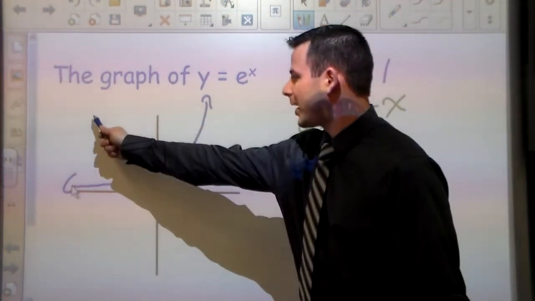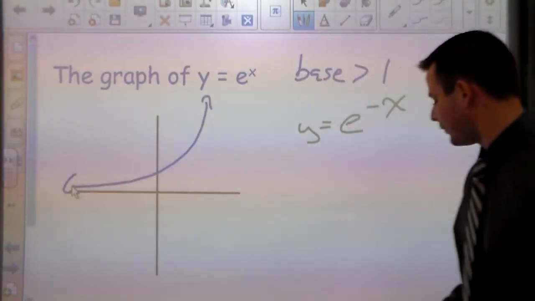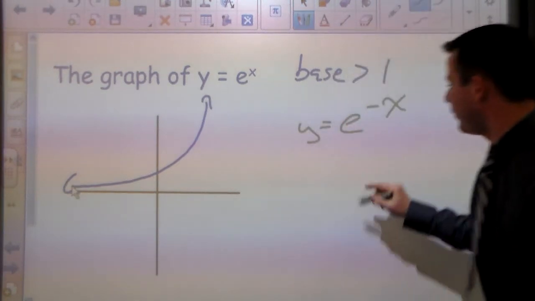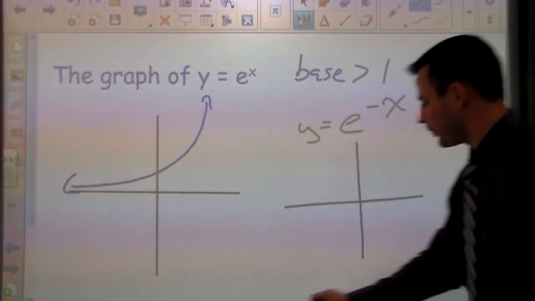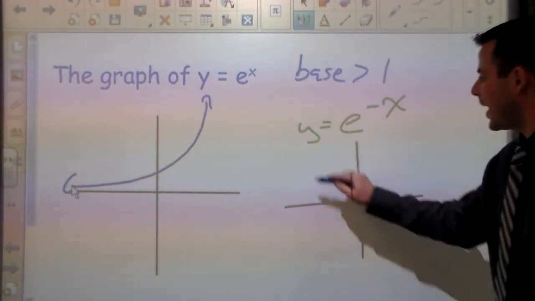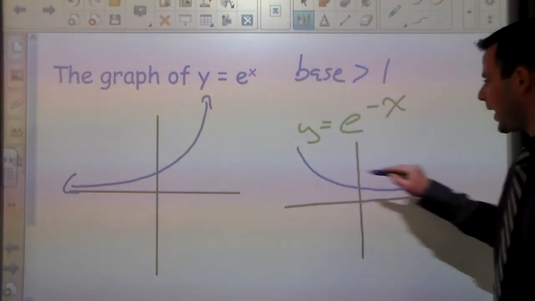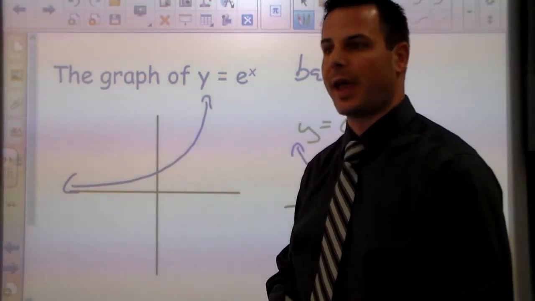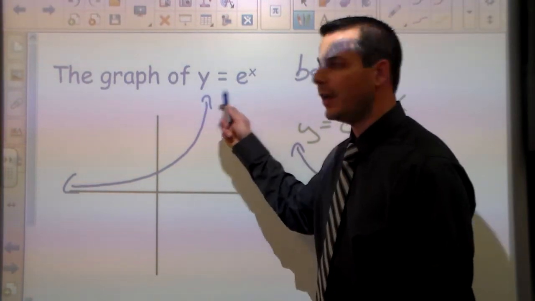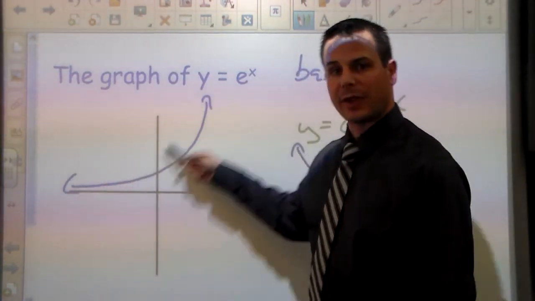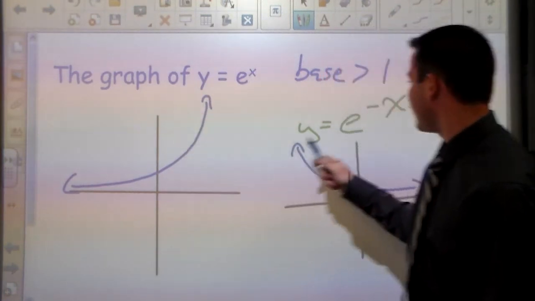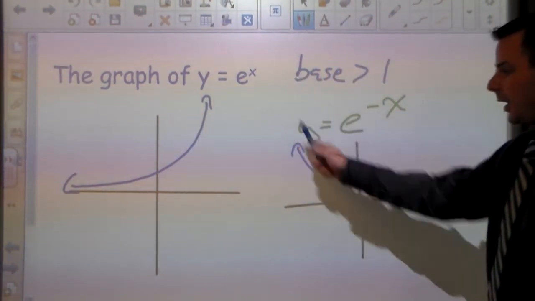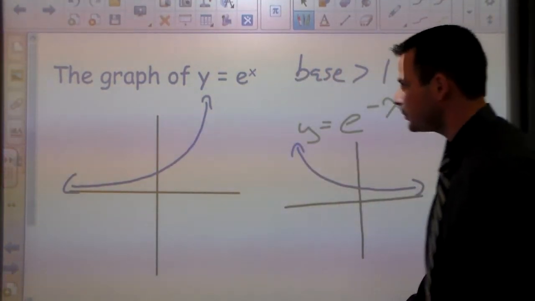This x value becomes that x value. This x value becomes that x value. Therefore, the graph would look a little different. Now it would be exponential decay. That's how we determine whether it's exponential growth or exponential decay with the value of the base. If the base is larger than 1, it's exponential growth. If the base is less than 1, the reciprocal, it's exponential decay.